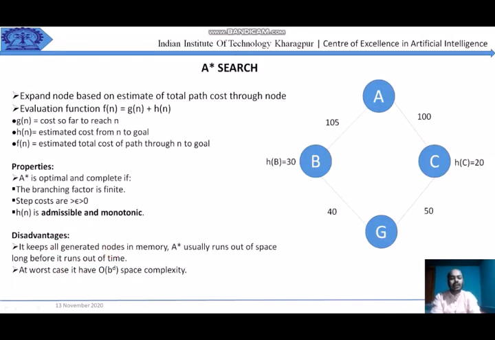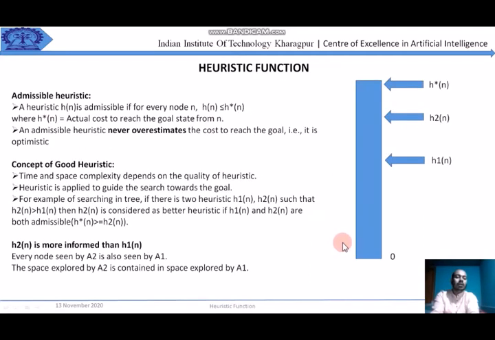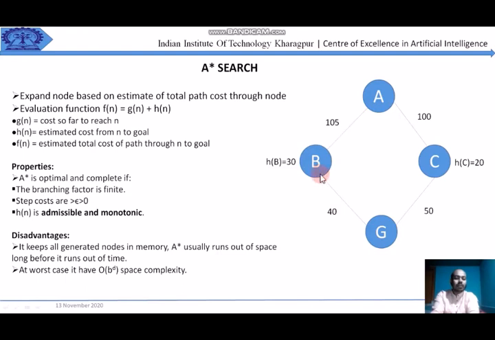In A star search, we use the evaluation function f(n) as g(n) plus h(n). What is g(n)? g(n) is the cost so far to reach n. If A is the starting node and I am at B, then 105 is g(n), the cost needed to come from A to B, and the heuristic is the estimate from B to go to G, the goal node.